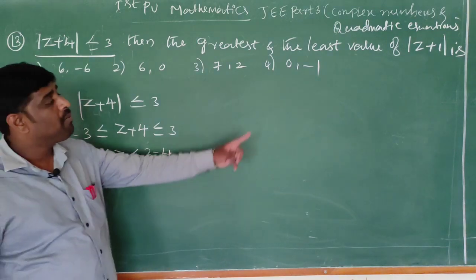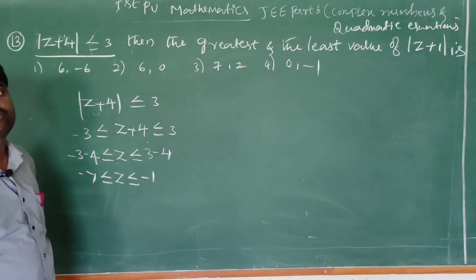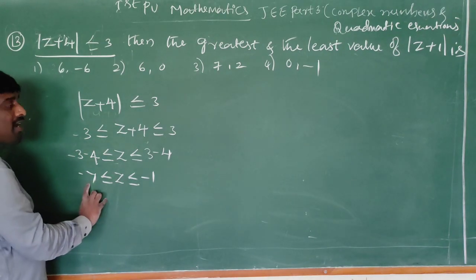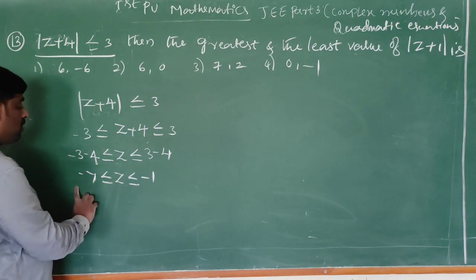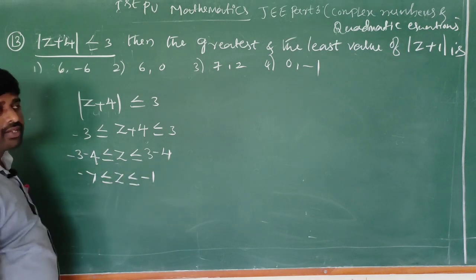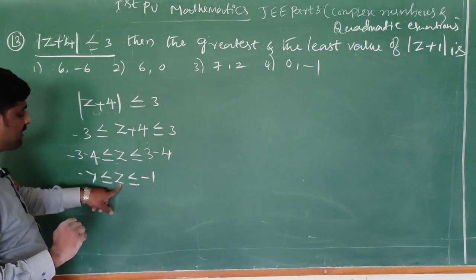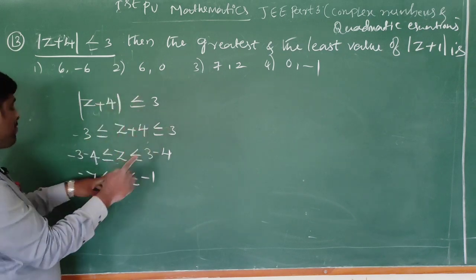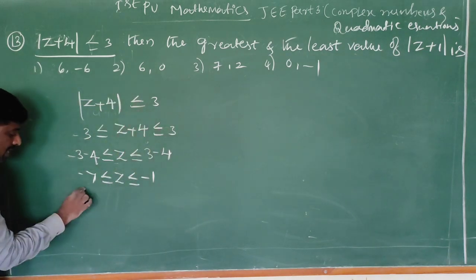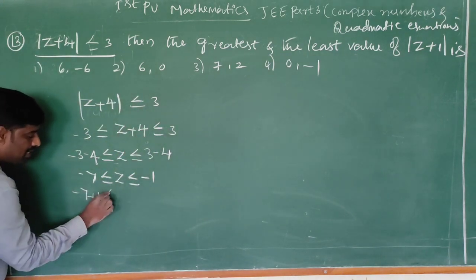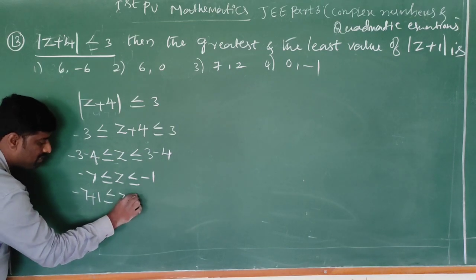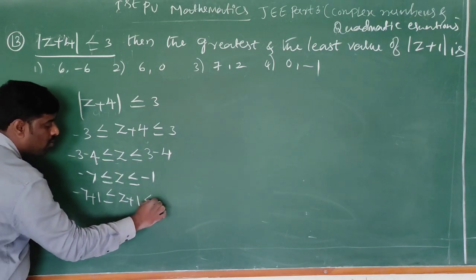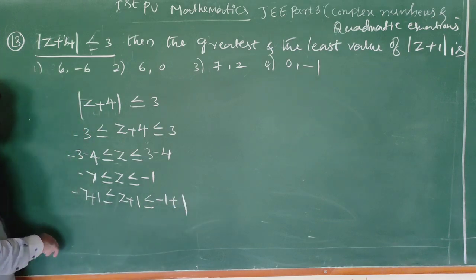Now I want to find modulus of z plus 1. Now I have to operate plus 1 on both sides. Minus 7 plus 1 less than or equal to z plus 1 less than or equal to minus 1 plus 1.